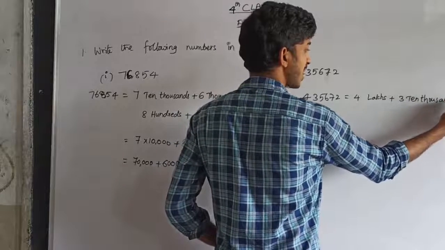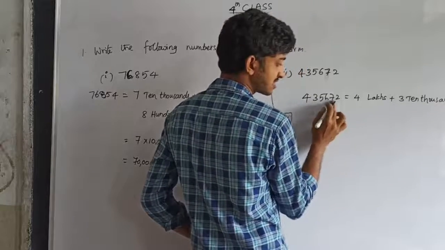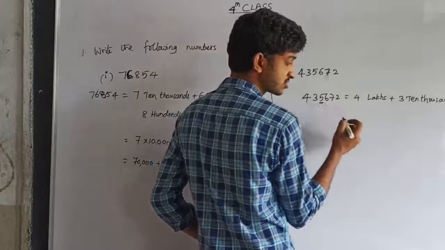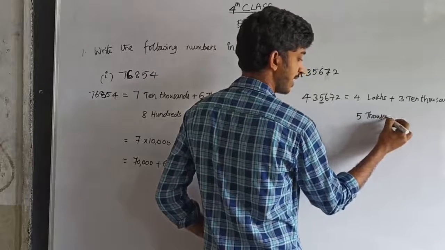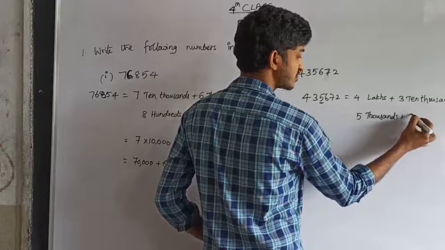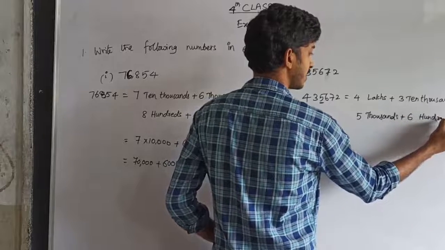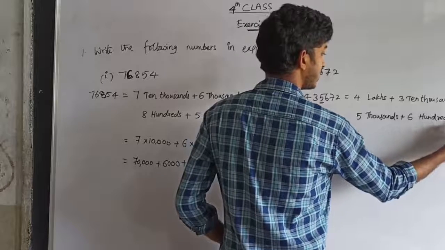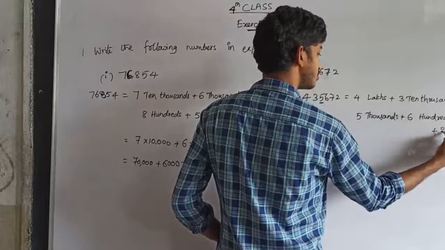How many thousands we have? We have 5,000s. And how many hundreds? 6 hundreds. And 7 tens, and also 2 ones.